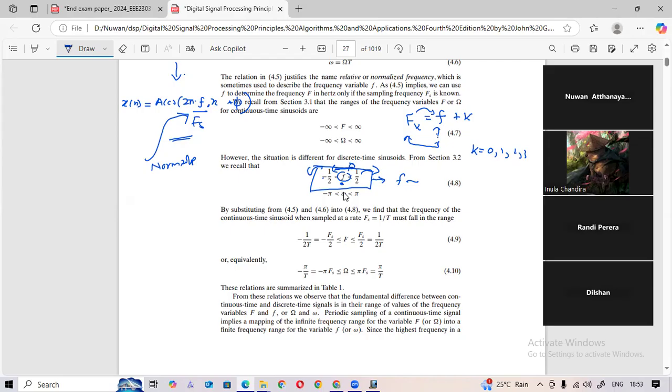These frequencies are referred to as aliasing frequencies. If you need to remove this aliasing, your fundamental frequency should be within minus half and plus half. For that, you need to select the sampling frequency at least twice the signal frequency f. This is named the Nyquist theorem. These are the basic things we have learned.